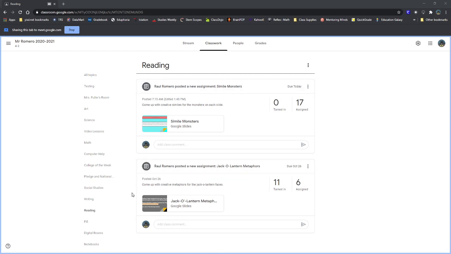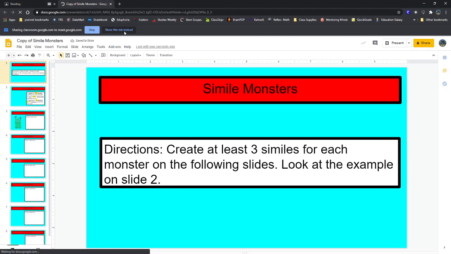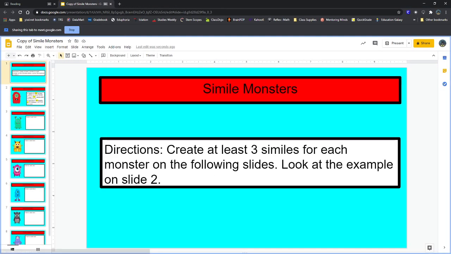So, you're going to go to classwork, go to reading, and find the assignment, Simile Monsters. And when you open Simile Monsters, it's going to look like this.